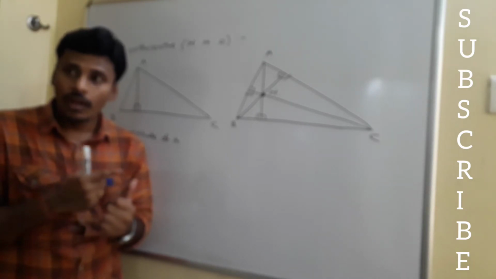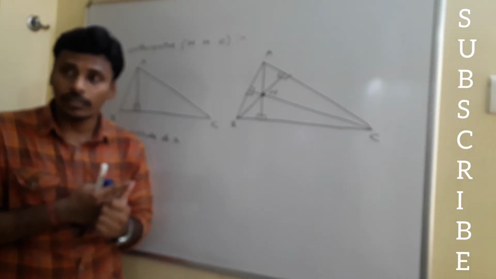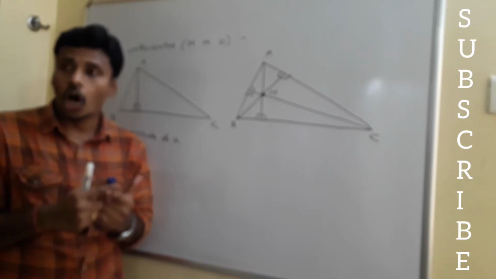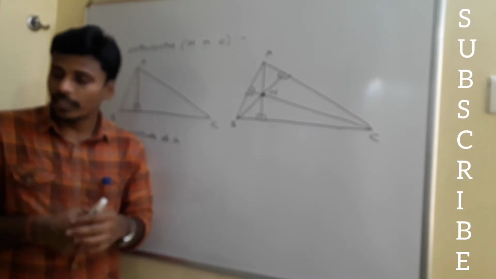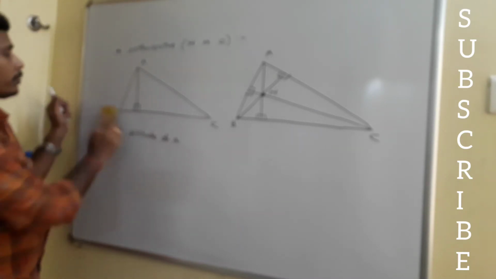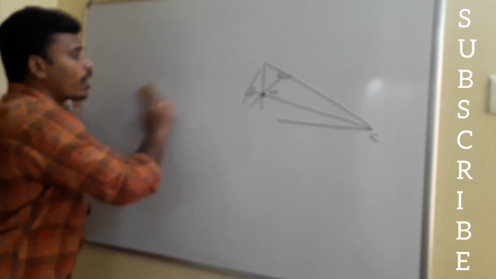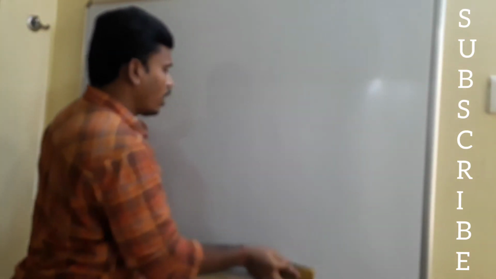Have a look. First I mentioned the circumcenter and then the orthocenter. Now I am going to mention the Euler line. Just have a look here. The Euler line is the line proposed by Euler.